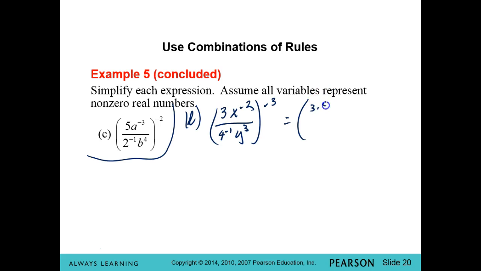Bring the 4 up, so times 4. Bring the x squared down because it's a negative. Leave the y cubed down because it's already positive. Okay, we haven't changed the thing, so that's a negative 3. Okay? Now what does that 3 times 4 become? 12.